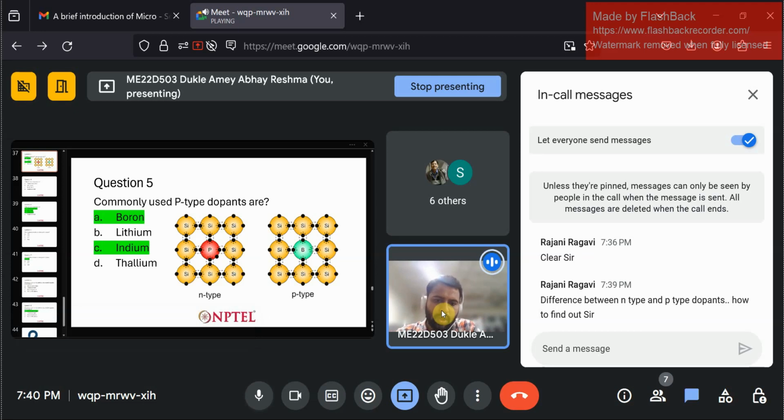Boron, carbon, nitrogen, oxygen, fluorine is how the periodic table looks. Carbon and silicon belong to the same group, group 4. So all the group 3 elements come under P type, and group 5 elements, all the elements from the nitrogen group, belong to N type.